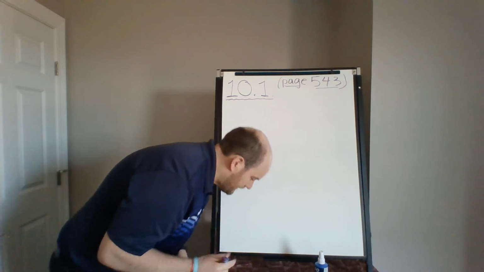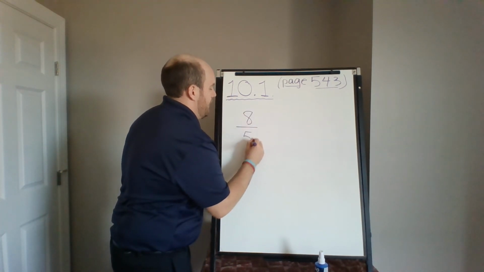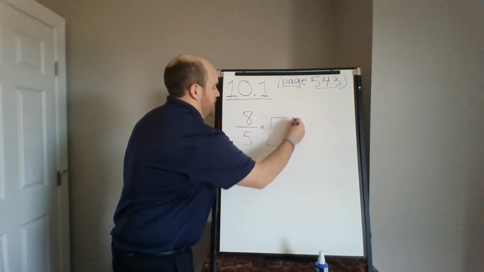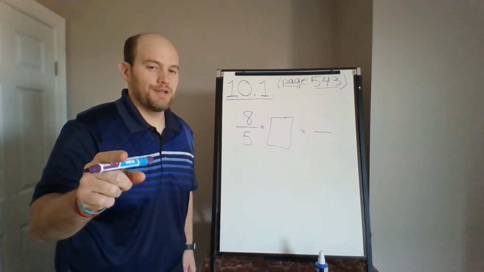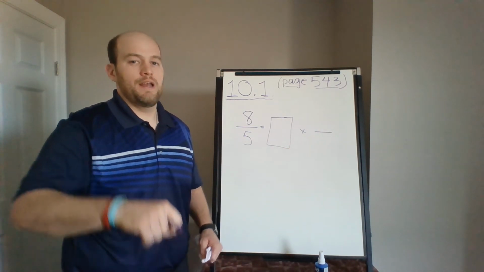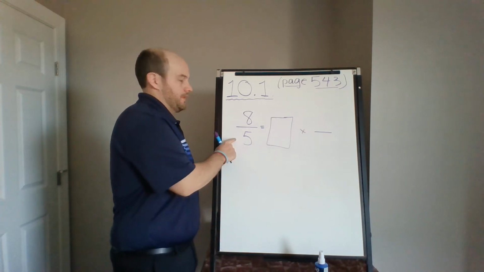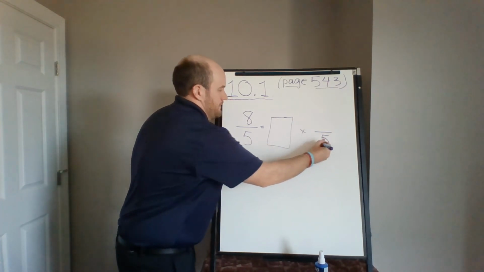On to number 15. 8/5. Again, wacky, wacky, wacky. It's okay, we can do it. I'm proud of you. I know you can do it. Mrs. Rollins knows you can do it. Anybody knows you can do it. We got this. Look at our denominator. It never changes, stays the same.